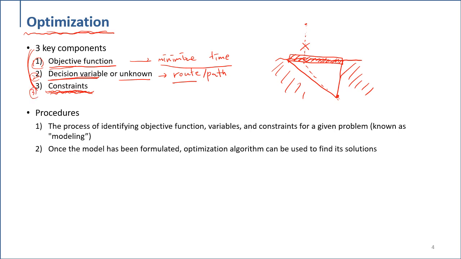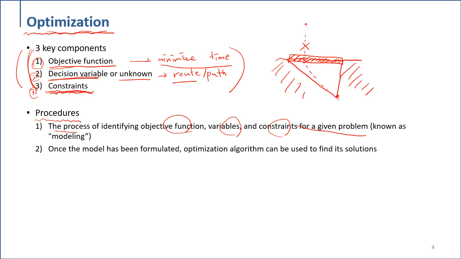So let's keep in mind these three key components, which will be repeatedly used throughout the whole lecture. The optimization procedure is the process of identifying the objective function, variable, and constraints for a given problem.